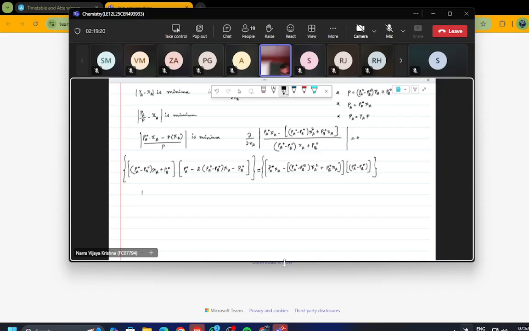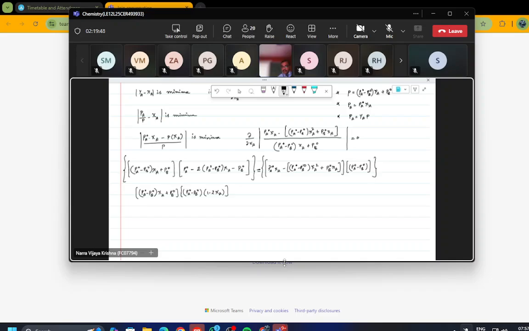I am writing this as Pa naught minus Pb naught into Xa plus Pb naught. This one, can I take Pa naught minus Pb naught common? Can I take Pa naught minus Pb naught common here? So Pa naught minus Pb naught into 1 minus 2Xa. Accepted, sir?